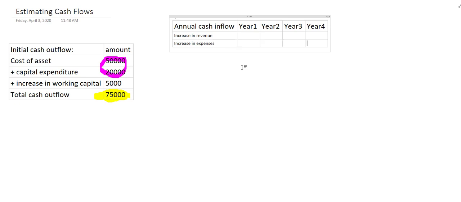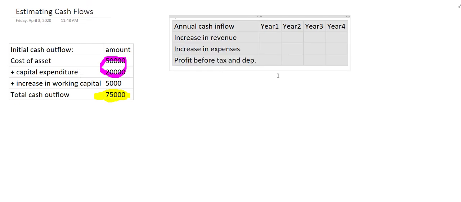But before mentioning the values, first of all, let me draw the formula. The result of this one was profit before tax and depreciation, DEP, right? Depreciation. First of all, let me change the font size for all of this to 18, so now we can do it properly. It is visible now. After this, we have to subtract depreciation.